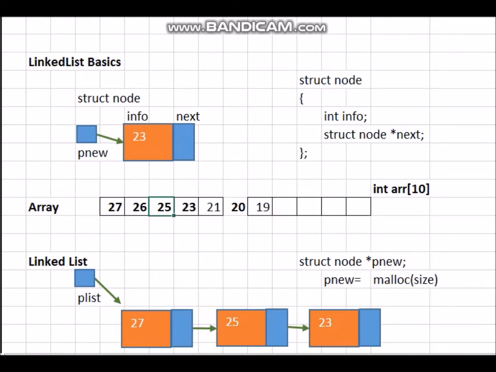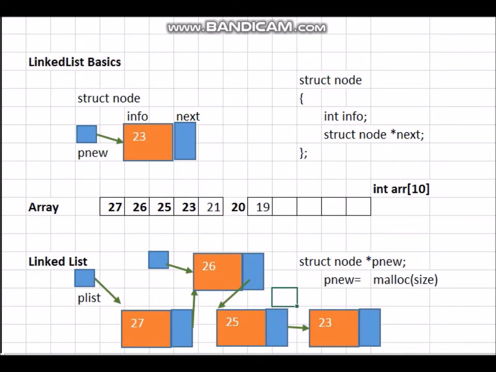But in the case of a linked list, in case I make a new node, let's say with the number 26, all I need to do is realign the arrows. So I need to create an arrow which points from here to here, and I will need one more arrow which will point from 26 to 25. So it's just a question of assignment statements which rearrange the arrows.